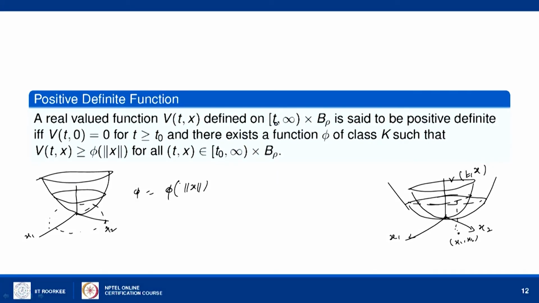So, let us see some example of this thing. If you take v of t comma x1 x2, it is equal to 1 plus sine square t times x1 square plus, let us say, 3 x2 square. So, it is always positive, both the terms are positive, and it is 0 only when x1 and x2 are 0.